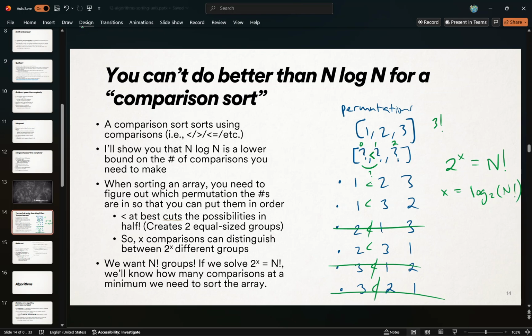I don't know how to simplify log base 2 of n factorial, but I know it's going to be greater than log base 2 of, how about this, (n over 2) to the n over 2. Let me prove to you that this one is smaller. I'm just trying to get the proof to go through right now, so I'm picking a good number. That's going to be less than the following, right?